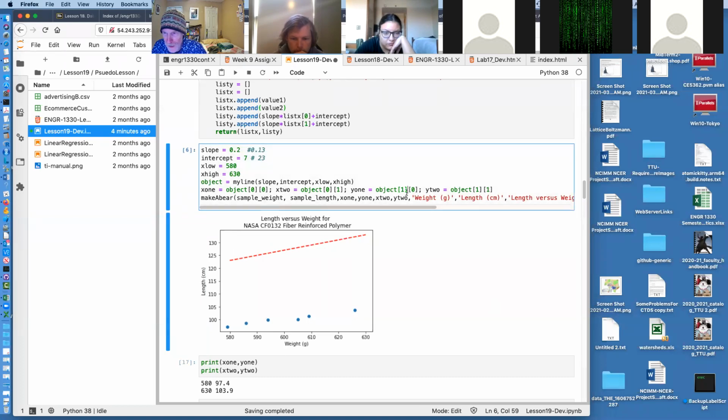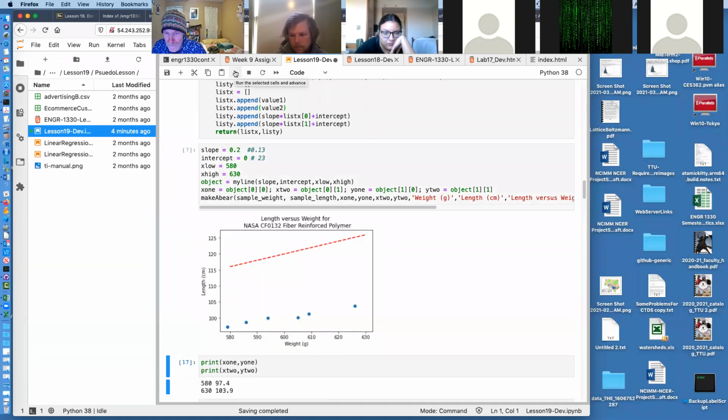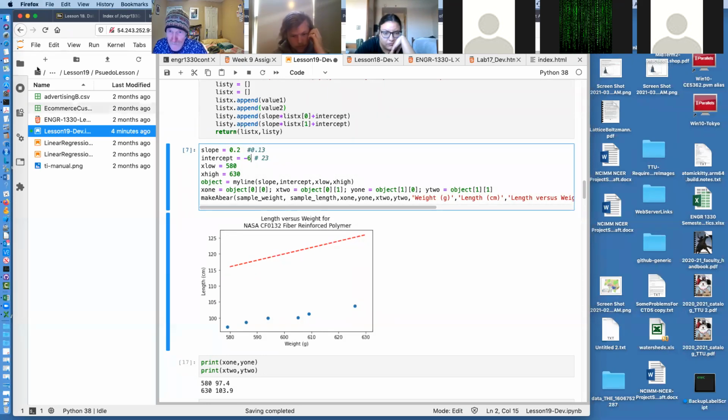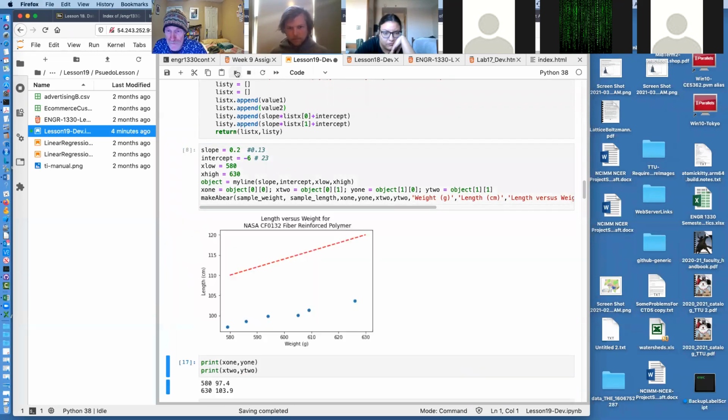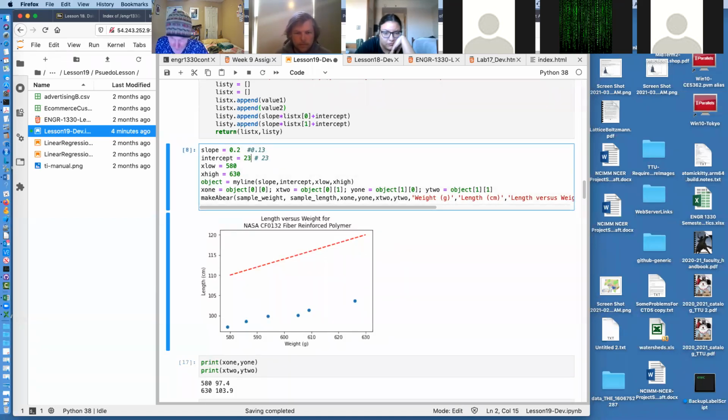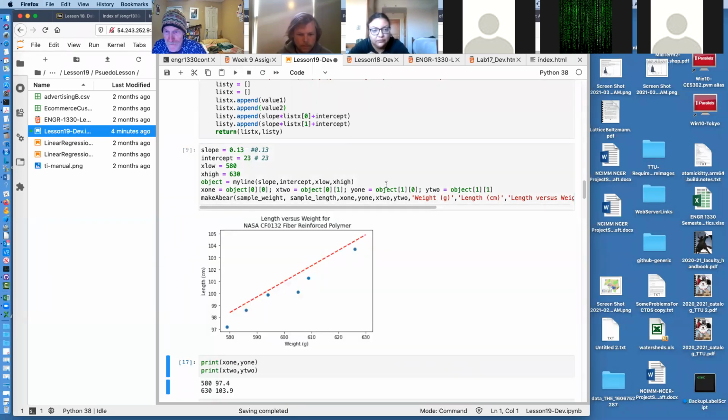It is not plotting this correctly. Computer's making a fool out of me. But we play around and eventually we're going to enter a value of 0.13 and 23. And there we feel that we're close.